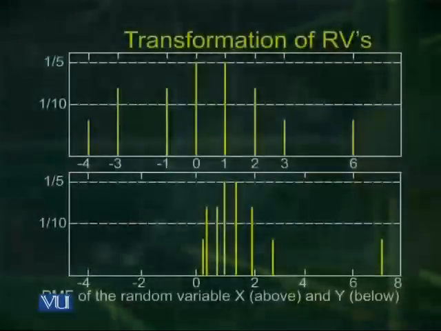Since this mapping is 1 to 1, you can use either method to find the probability mass function of y. But the first method, where you take on the values of random variable x, map them through this mapping, get to the values of random variable y and assign them the corresponding values of probability mass function. If you use this method, then you can find the probability mass function of y, and this has been evaluated and shown in the slide.